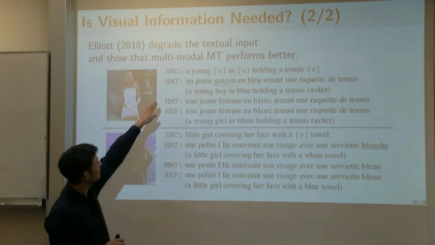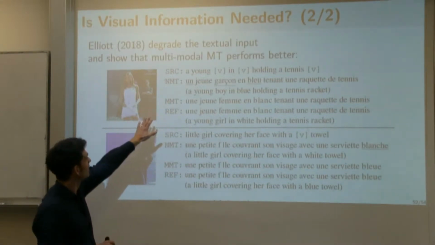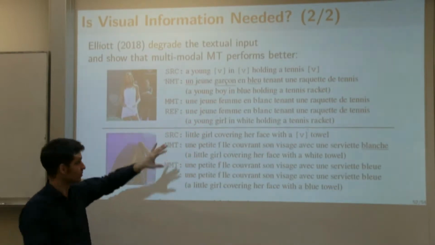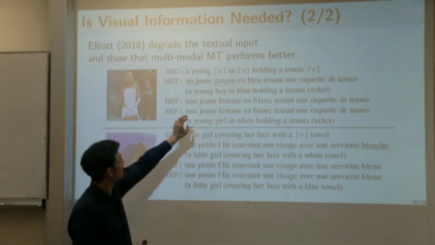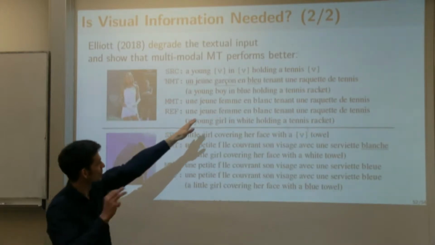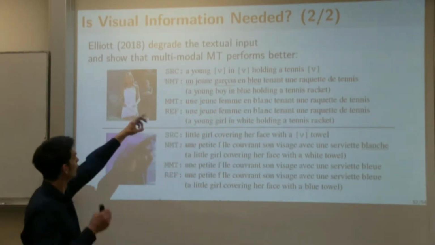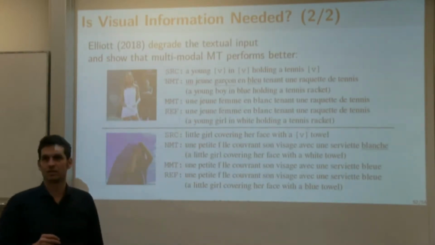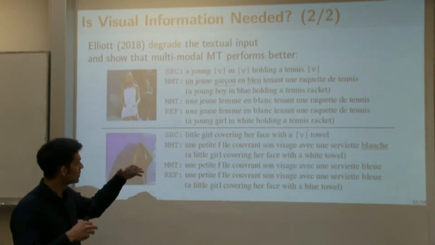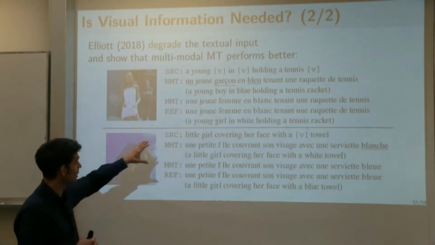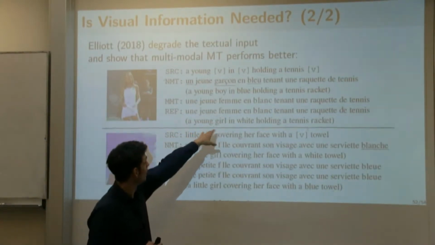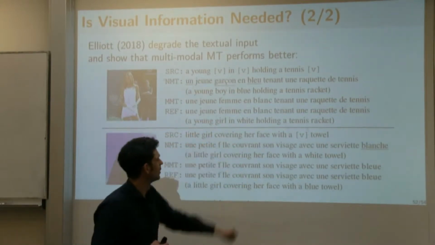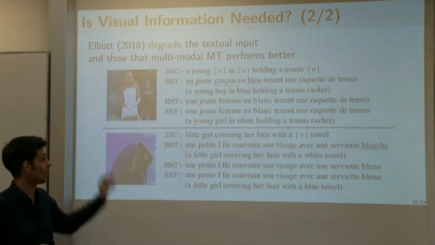So the NMT, the non-multimodal setup, produced a boy, so it guessed that on average it's boys in the pictures, and the color was also blue instead of white, and the image-informed system actually picked up this information from the image, and it correctly produced a femme, the French word for girl, and the French word for the correct white color.